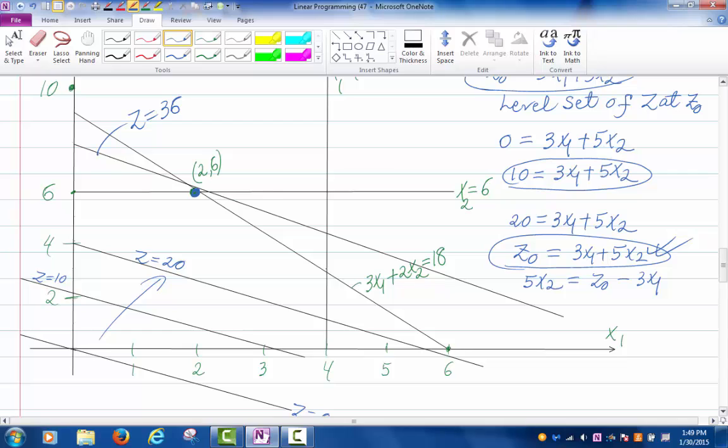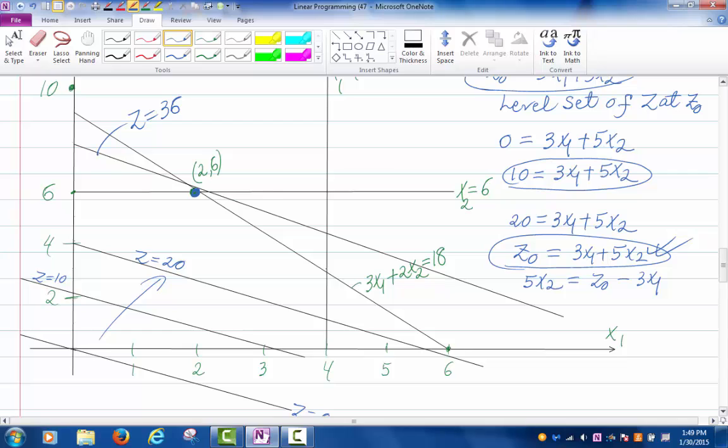However, understanding how this works geometrically is important because it's telling you something important, which is you're considering the level sets. You're starting with the value of z equals to 0. You're trying to optimize z, and you're saying, let's start with the value of z to be 0 and think about, can I improve it? Well, the answer is yes.